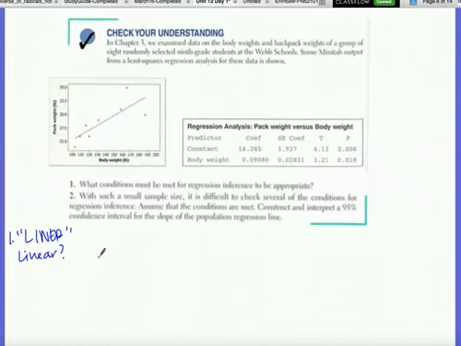To find out whether or not it was linear, we would look at the scatter plot. We would also need to know, is it independent? We'd also need to know, are the residuals approximately normally distributed?